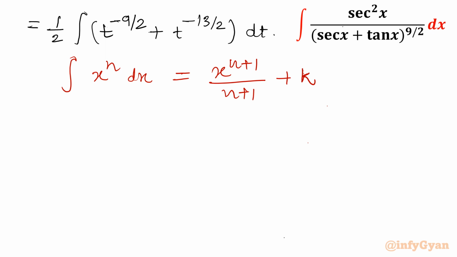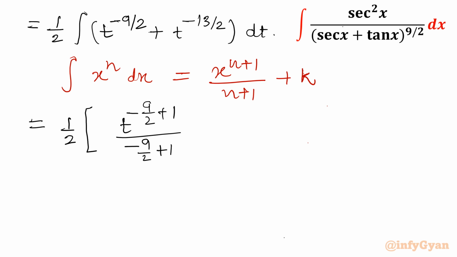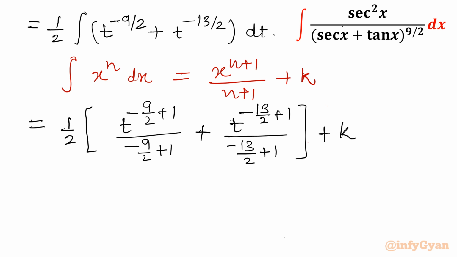So our integration will convert into half times t raised to the power minus 9 over 2 plus 1, divided by minus 9 over 2 plus 1, plus t raised to the power minus 13 over 2 plus 1 divided by minus 13 over 2 plus 1, and that integration constant k.